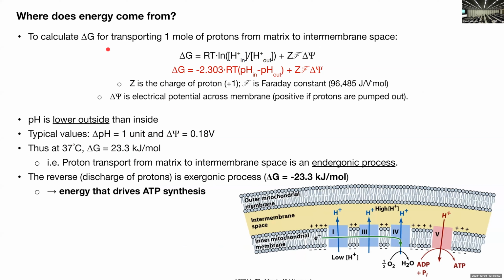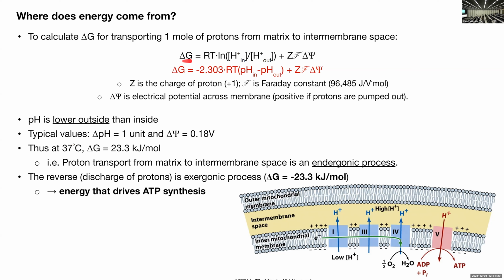So let's just think a little bit more about how you can get the energy for ATP synthesis here. So let's get the delta G value, and delta G is important again to see whether this is spontaneous or not, so you can naturally get this reaction going, and also you can estimate how much energy you can get from this reaction, if it is spontaneous, right?